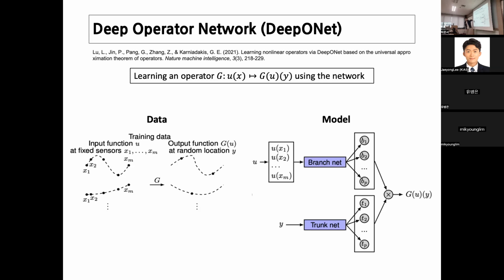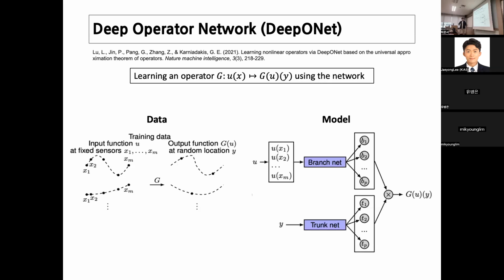Then each network makes P values, and they take the product of these two sets of P values to find the output target function G(u)(y). In this case, they discretize u at some fixed sensors x1 to xm, and the length-m vector is the input to the branch network, and the output is P values. Also, the TrunkNet gives P values, and they take the product to make the output.